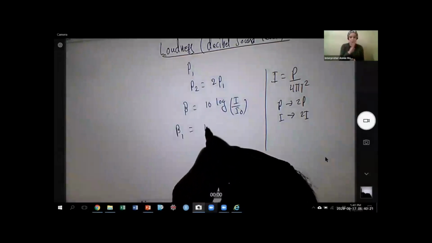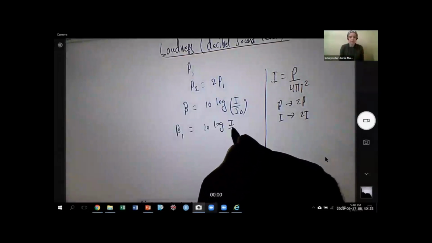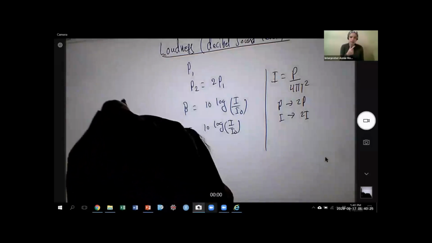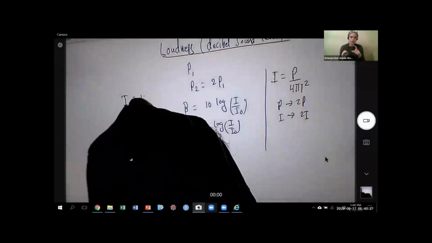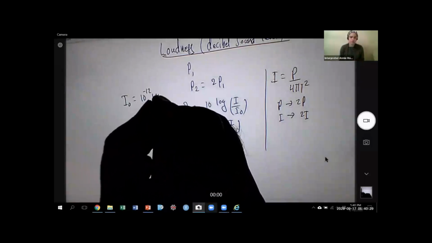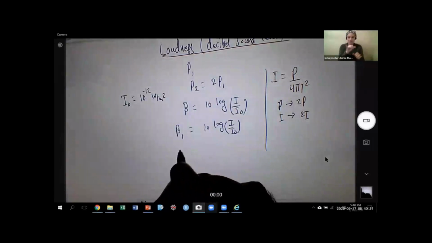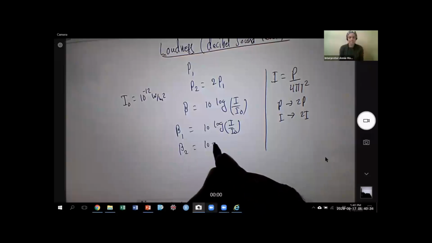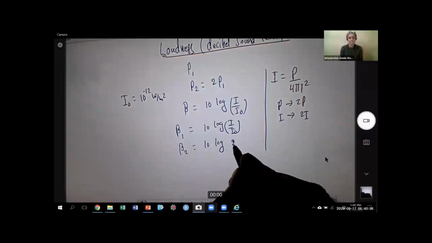One is 10 log I over I naught, where I naught is a constant, the threshold of hearing for human beings, a standard number. So beta 2 is 10 log twice I over I naught, because doubling the power means doubling the intensity.